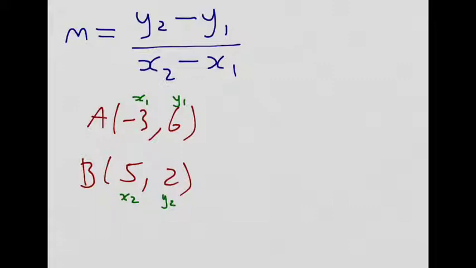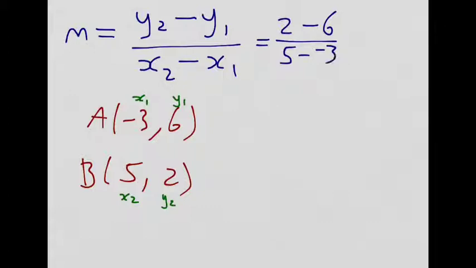Alright, so let's do it. We're going to go y2, which is 2, minus y1, which is 6. That's the difference in the y values, divided by x2, which is 5, minus negative 3, which is x1.